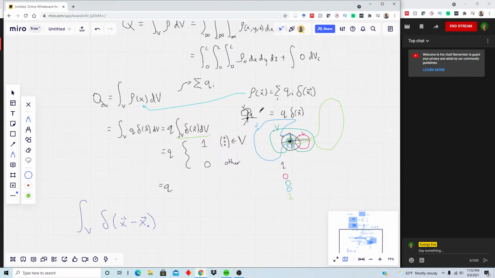So if say we had a point charge here and this is x naught, a vector, this is going to be equal to the same thing here actually. This is going to be equal to 1 if our vector x naught is in the volume and it's 0 otherwise.